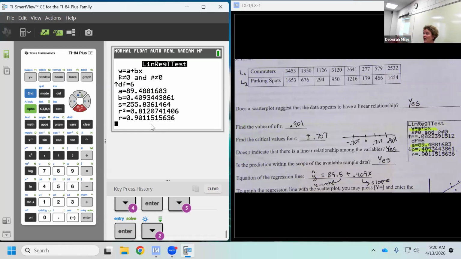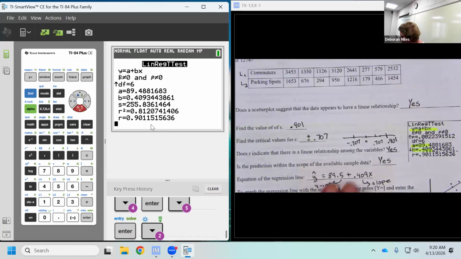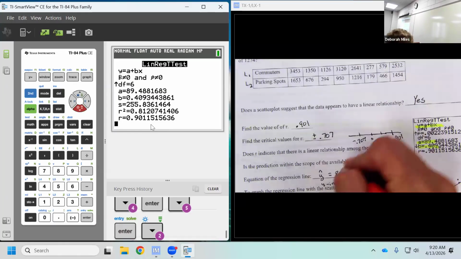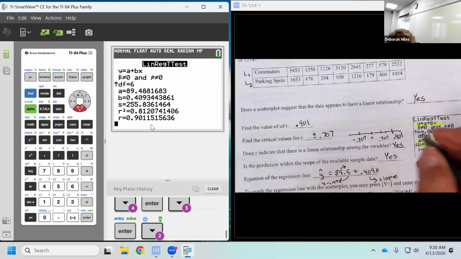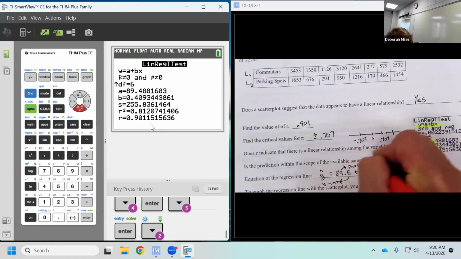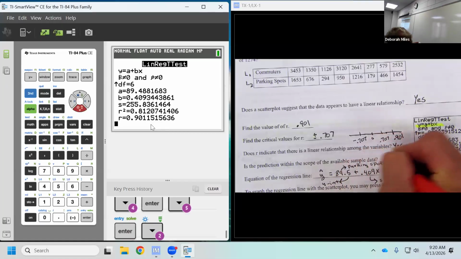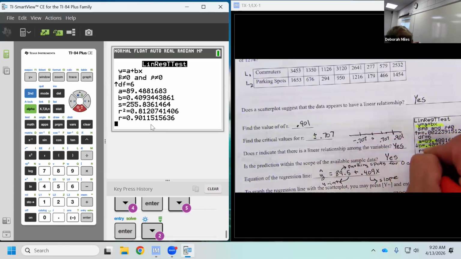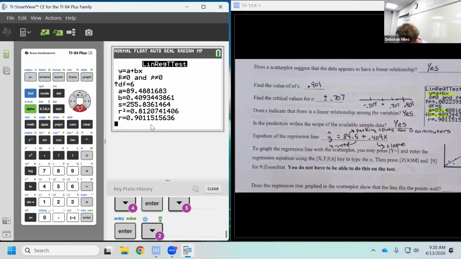You haven't gone left or right, so x is 0. So the y-intercept would be the parking spots for 0 commuters. Now, if there were 0 commuters, then they really wouldn't even need a parking place. But that's what the y-intercept would mean. That's what y is if x is 0.